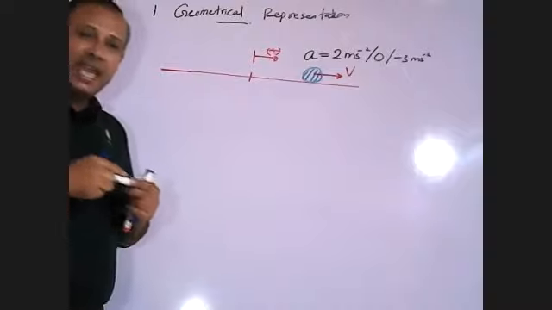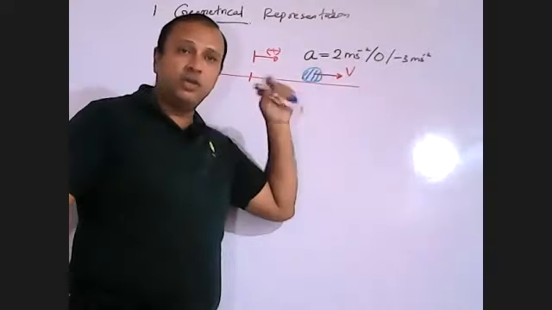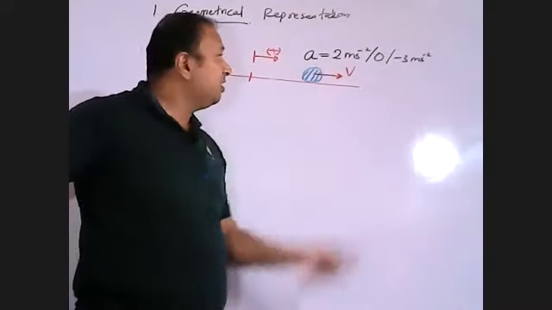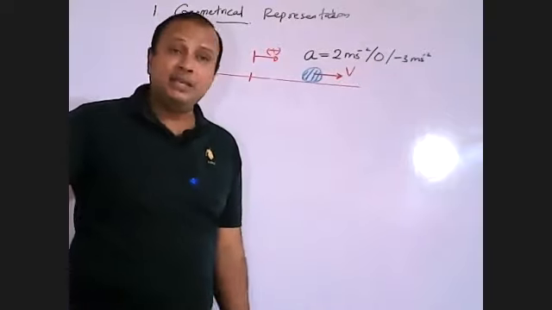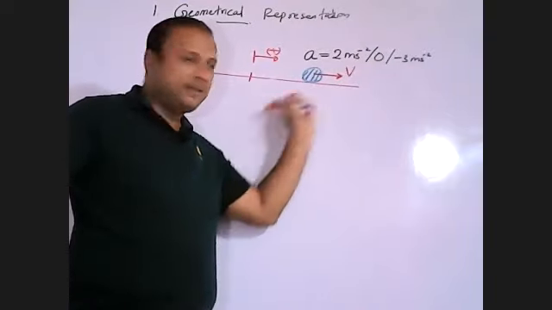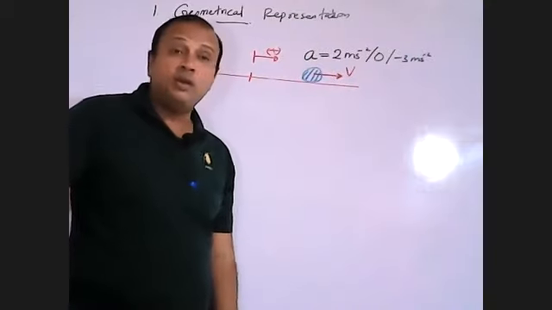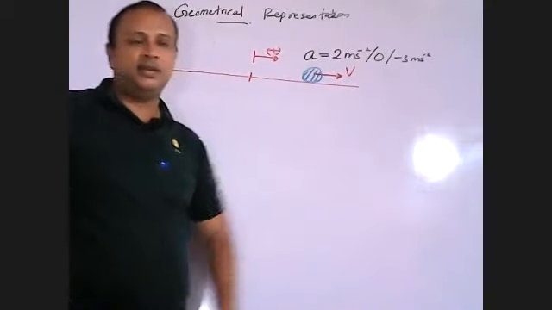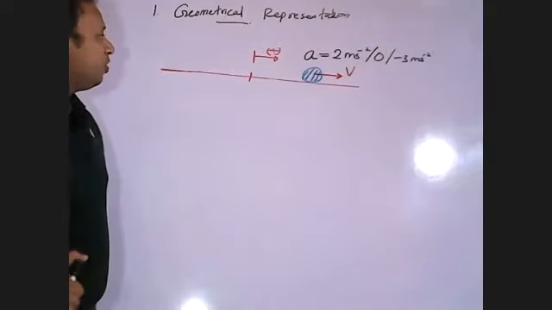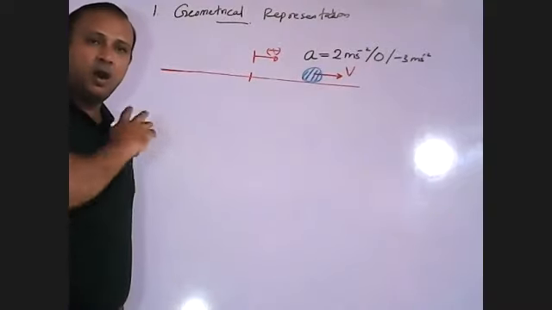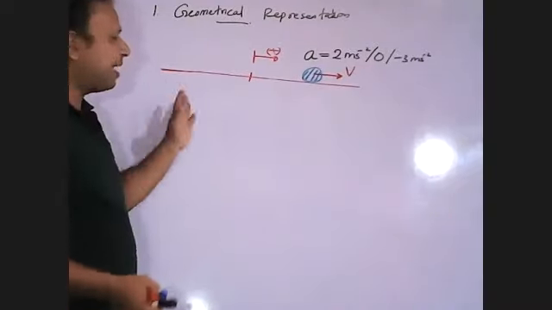If you write a is equal to 2 m/s², that means it is an acceleration. If you say a is equal to 0, that means it is moving at a constant speed. If you say a is equal to minus 3, that means it is a deceleration. Therefore, we can simply represent all the things in this diagram.